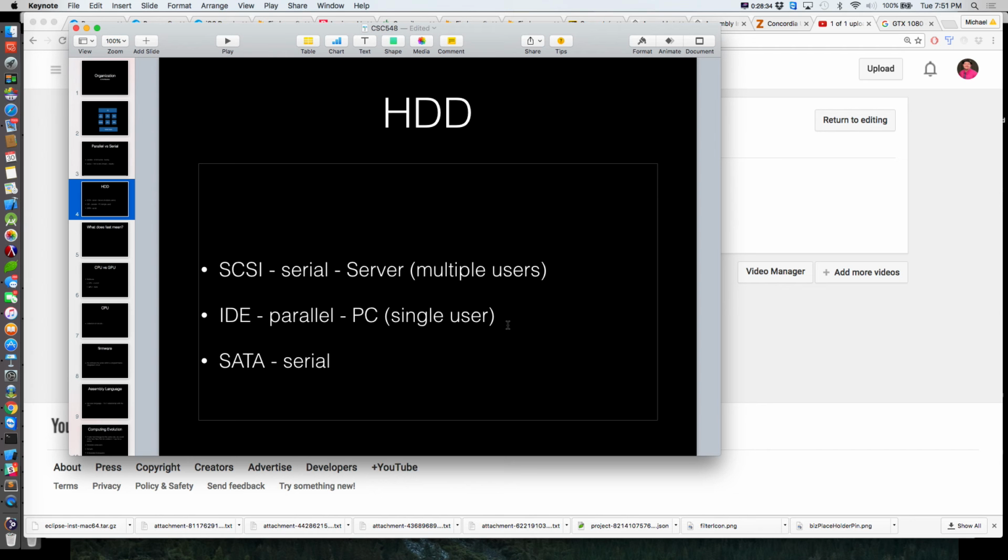That got us to where we are today, where today we're on serial ATA, which is serial. One of these two technologies went away. One of these two went away for our hard drives.